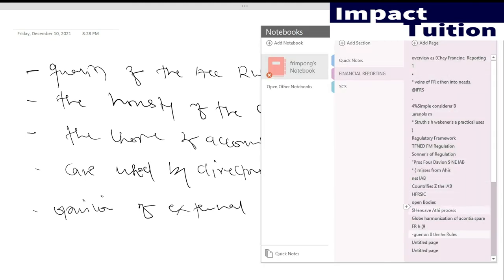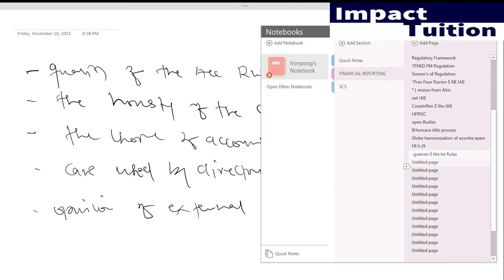What are the prerequisites of good quality financial reporting?